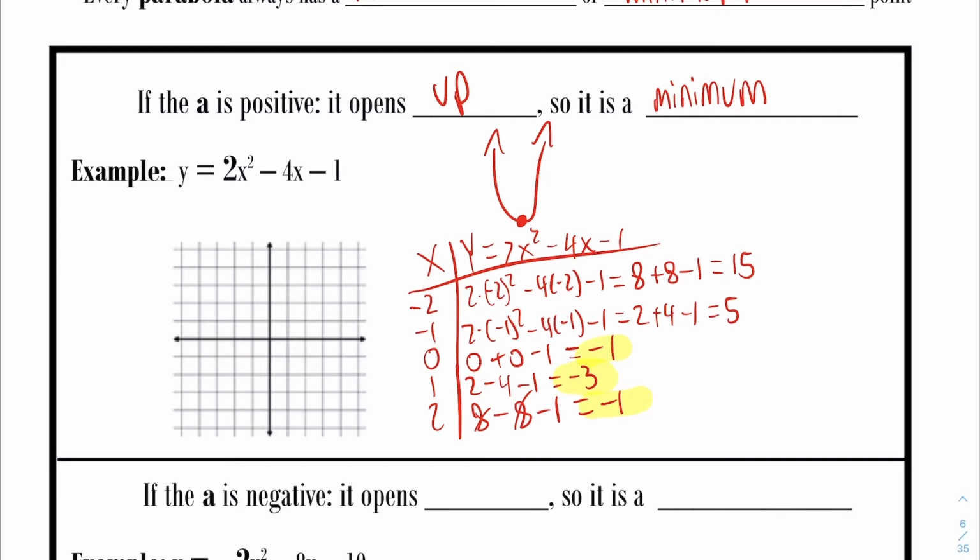We have 1, negative 3. 2, negative 1. 0, negative 1. Oh, I put that one in the wrong spot. Negative 1 and negative 1. Negative 1, 5.